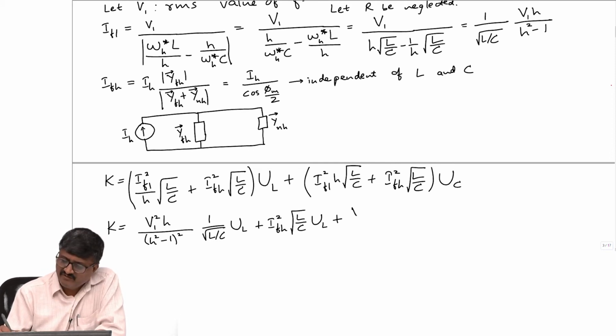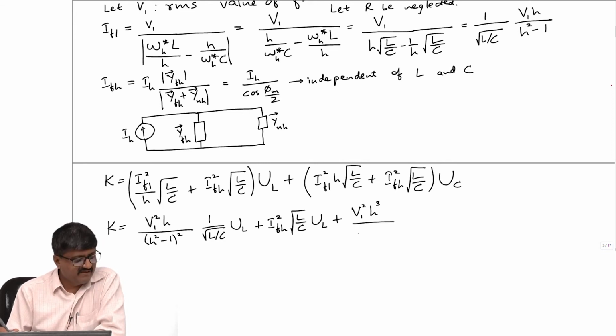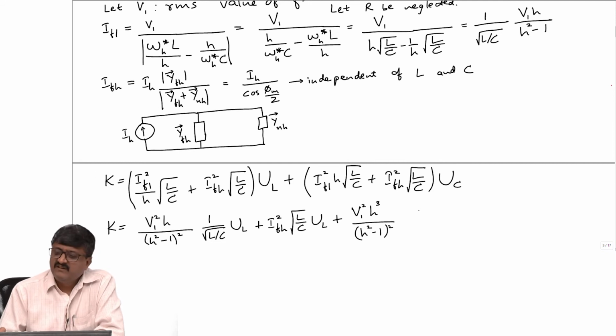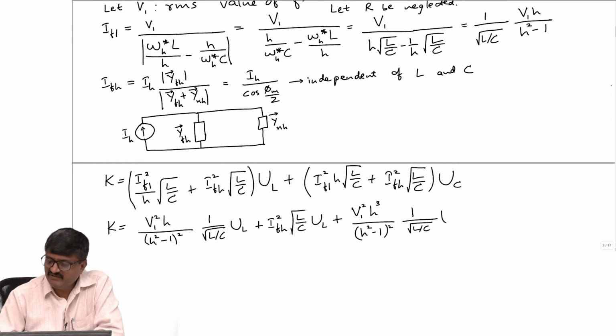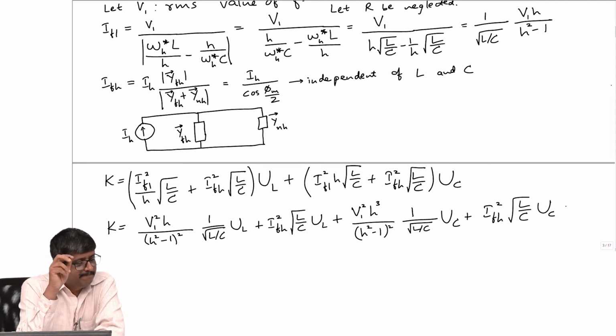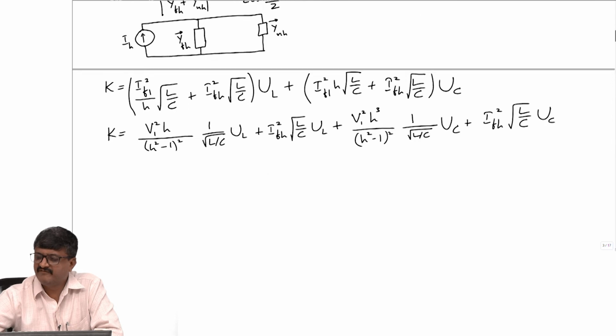So, I get V1 square, now there is H cube divided by H square minus 1 whole square into 1 by root L by C into UC plus I of H square root of L by C UC. Okay. So, is this okay? Just substituting the expression for I of 1. Okay.